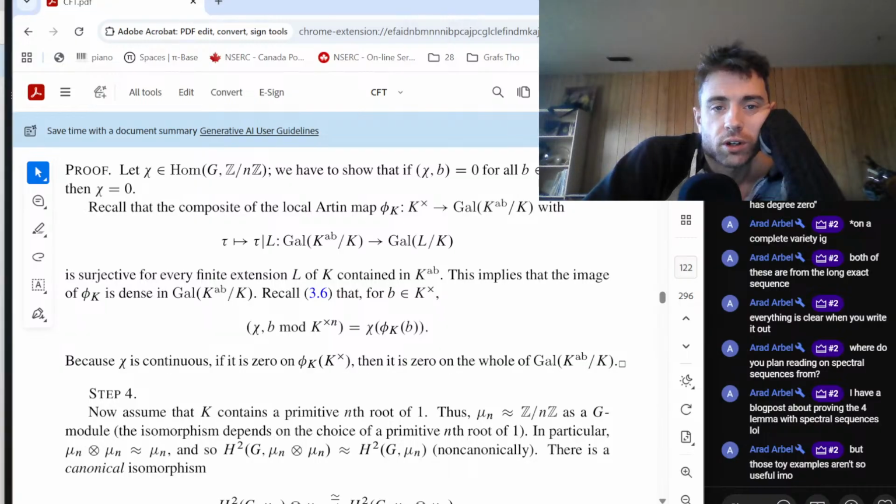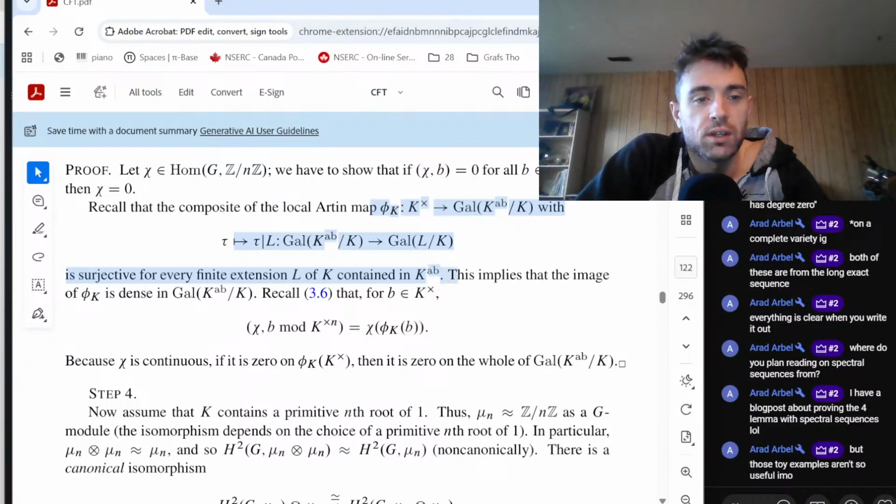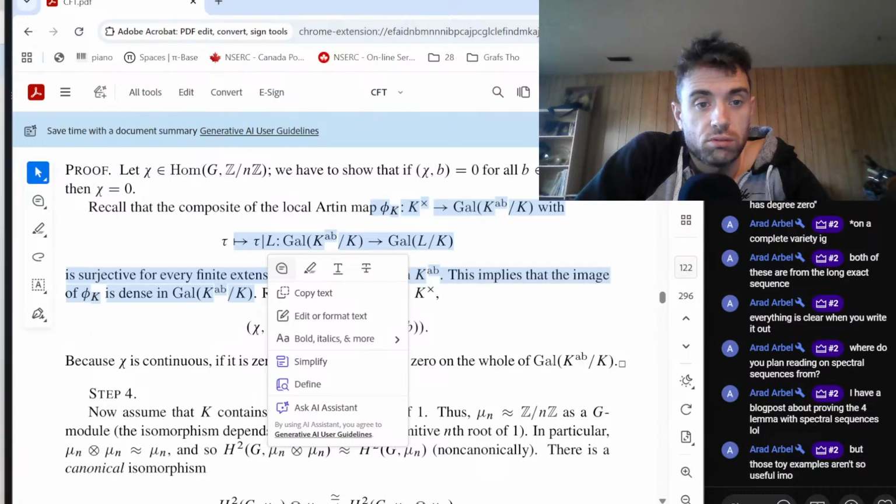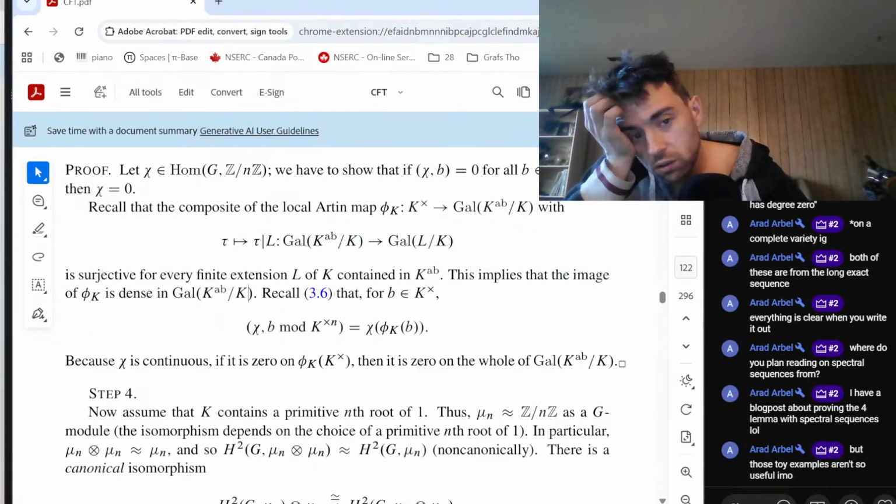So we have the composite of our Artin map with the restriction, which should be surjective for every finite extension L contained in the maximal abelian extension. And this implies that the image is dense. The image of phi k is dense. Is that immediate?